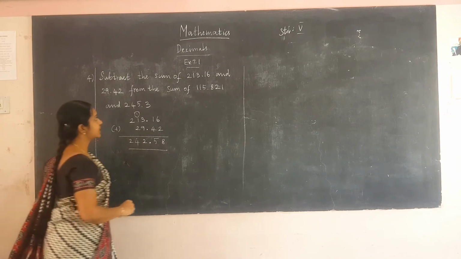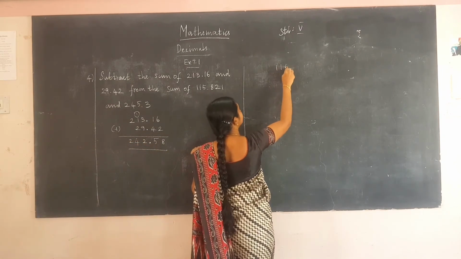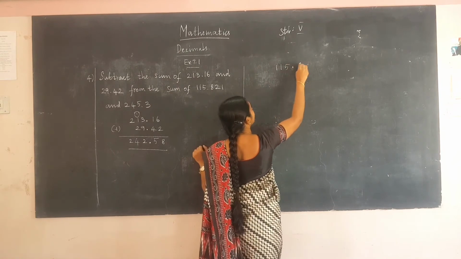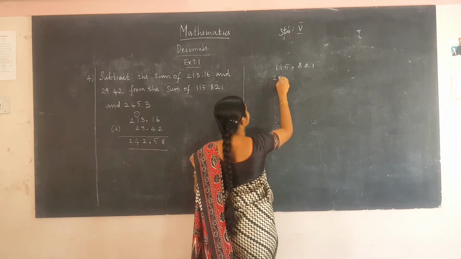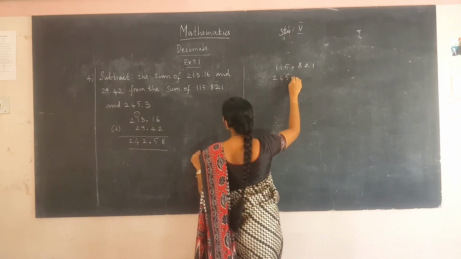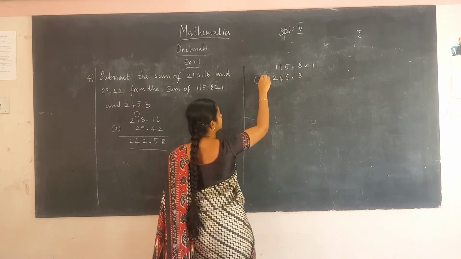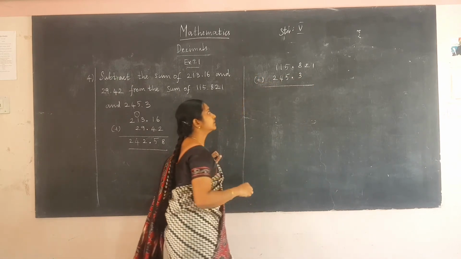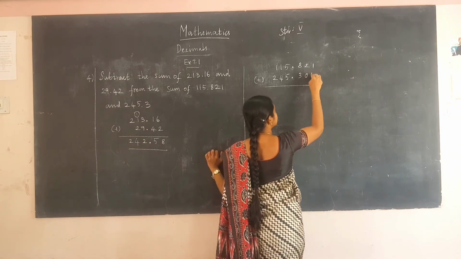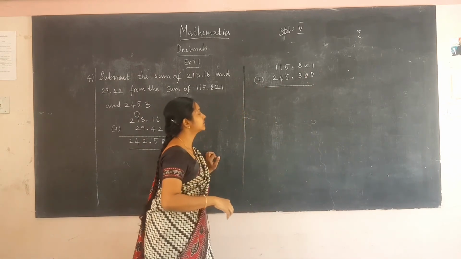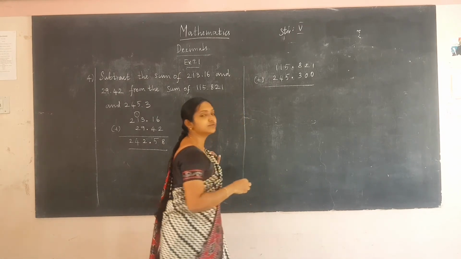Next we are going to add 115.821 and 245.3. They are unlike decimals, so convert them into like decimals. So put 2 zeros, and now we have converted them into like decimals.